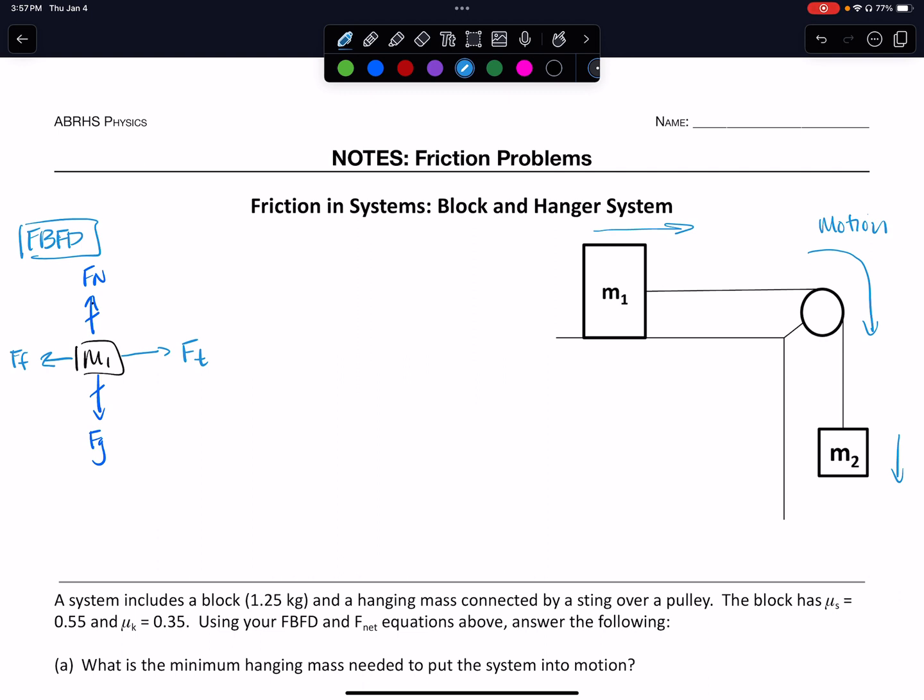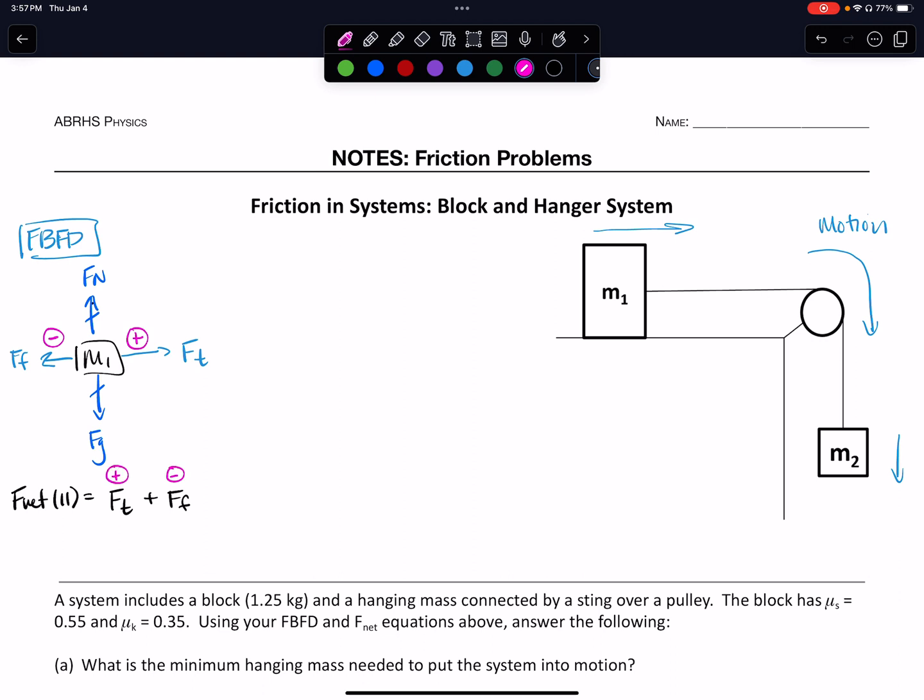For my F net equations, I look at them in terms of parallel with the motion, which is in the direction of the motion. I'm going to have my tension force and then my frictional force. The way I've drawn my diagram, that tension force will be positive and that friction force will be negative, which means I need to hold on to that when I do any calculations.